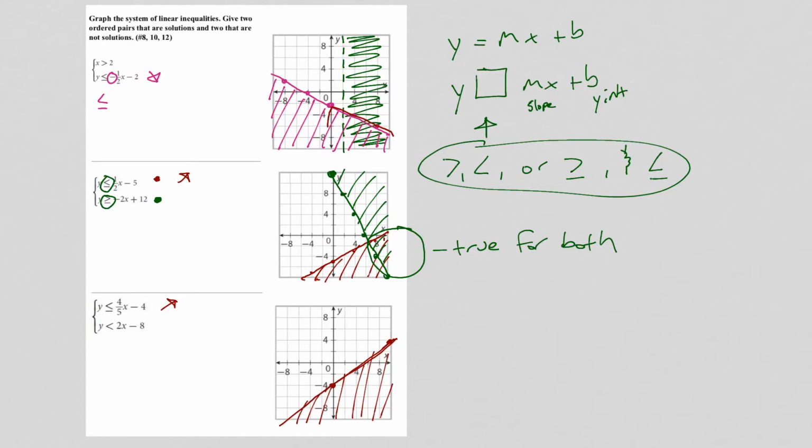This other line I'm going to do in green. I'm going to start at negative 8, which is its y-intercept. It has a slope of positive 2, 2 over 1, or 4 over 2, which looks something like this. And it is actually a dashed line, so let me undo that. It's dashed because there's no equals sign.